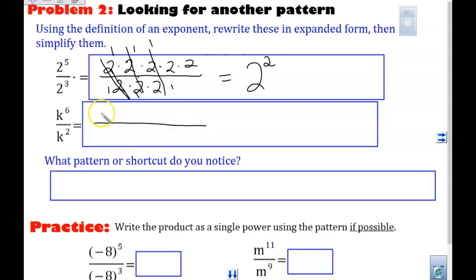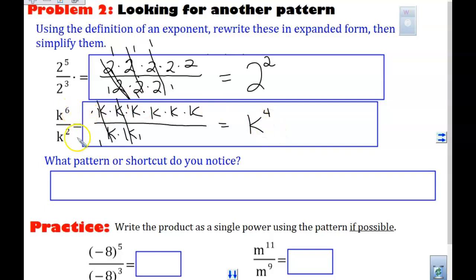So please write down 6 k's are being multiplied together, right? In our denominator, Alea, k to the 2nd means 2 k's. If I'm looking at that, I have k over k, which is the same as 1. I have another k over k, which is the same as 1. And my answer is going to be k to the 4th.